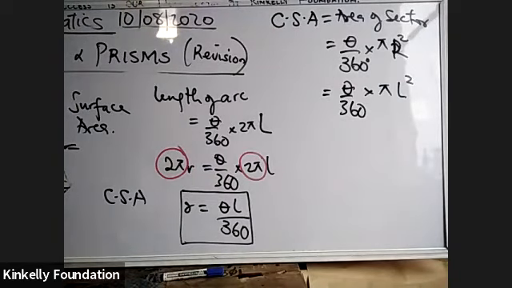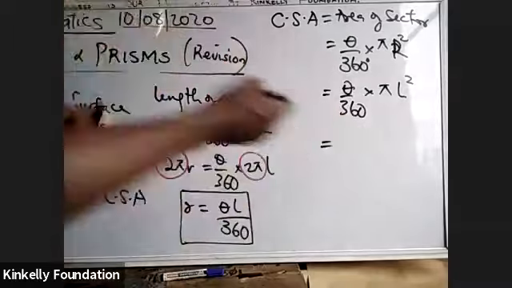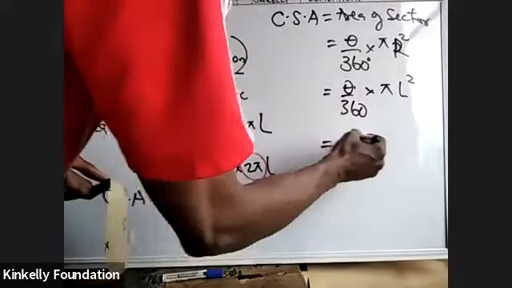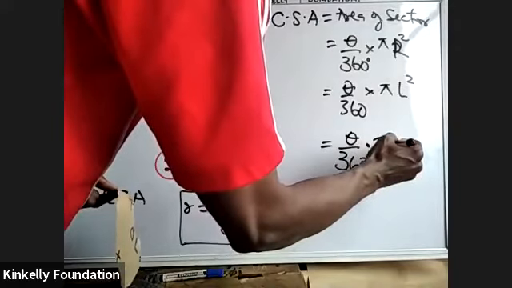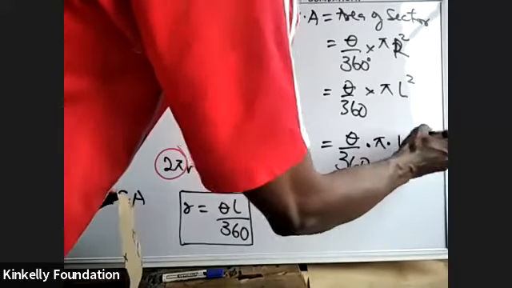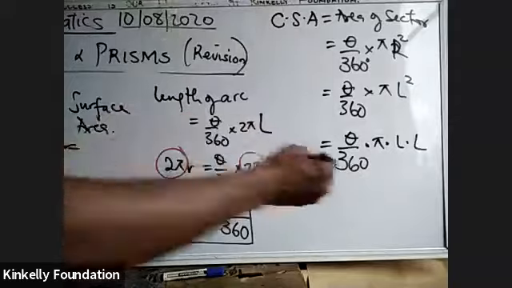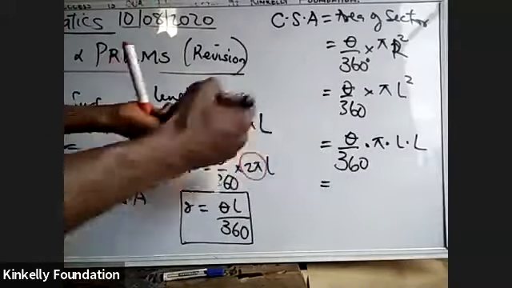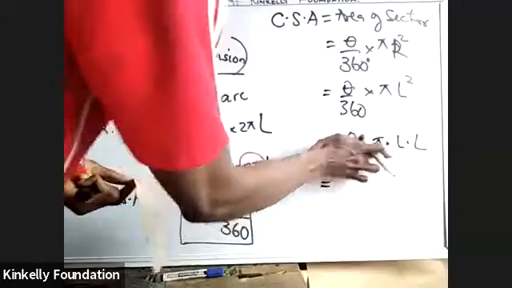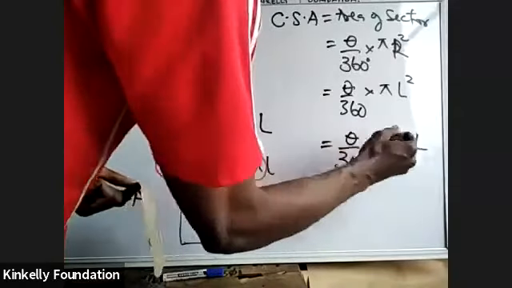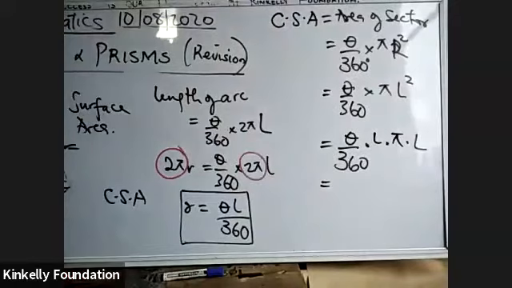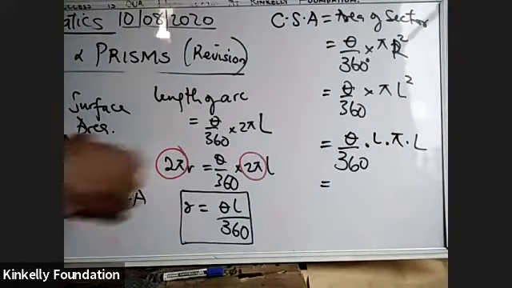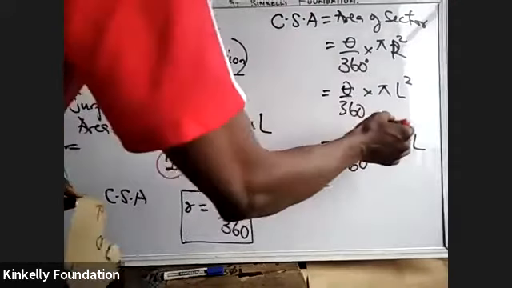Yes. Now, let us separate these things. Theta over 360 times pi times L times L. To minimize space, let's take this to this side, L times pi.